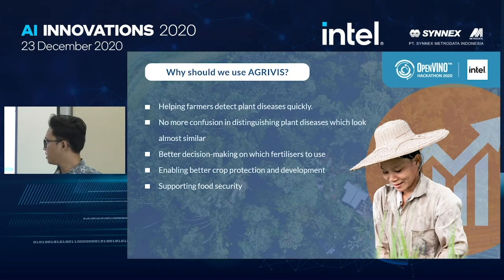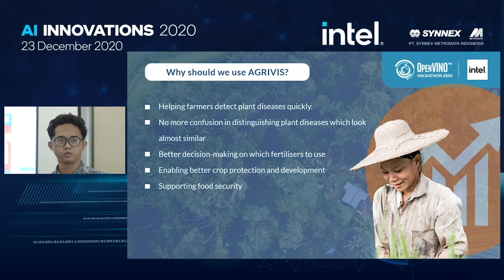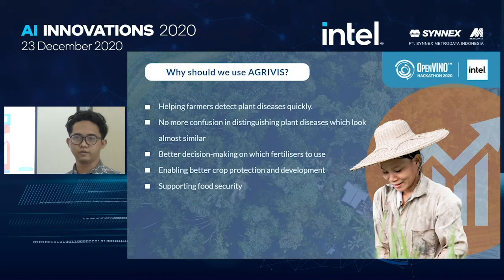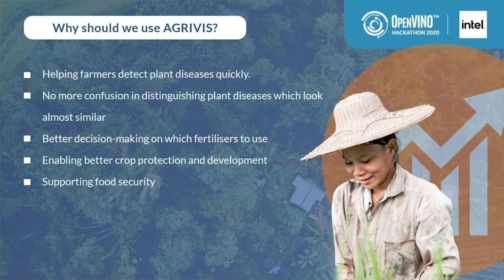And the second is we want to help farmers detect plantation diseases that are very similar, so we can make farmers better able to decide which fertilization to use. And the last is we want to support farmers' food security.